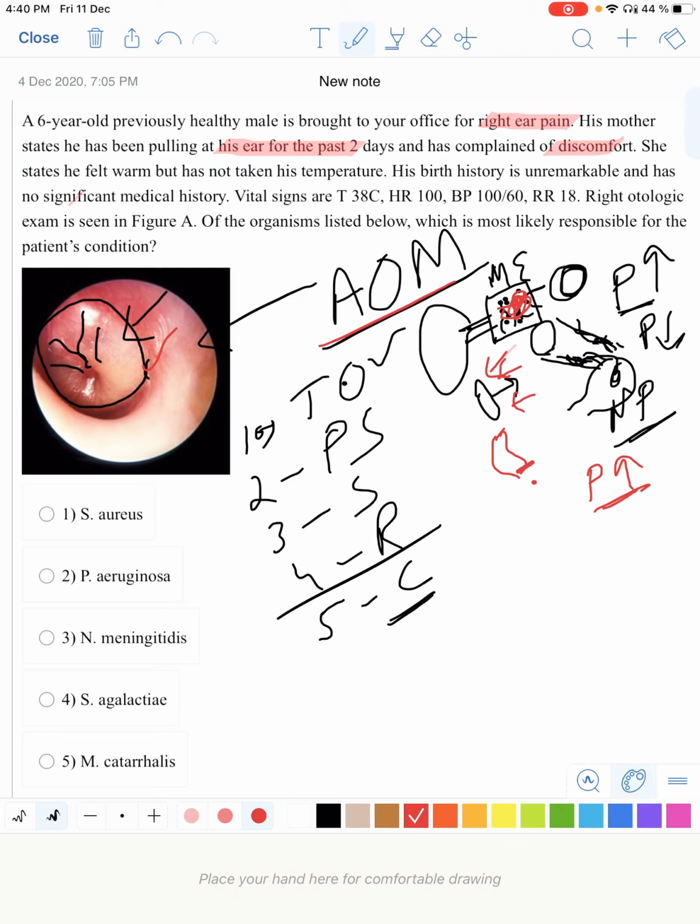Normally it goes through different stages: tubal occlusion, pre-suppurative, and suppurative, with pus formation in the middle ear. Then gradually it causes perforation of the tympanic membrane, and the pus starts to drain outside. Then the condition resolves. If not, it leads to complications, including intracranial complications.